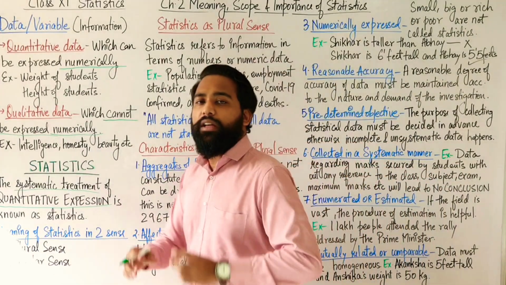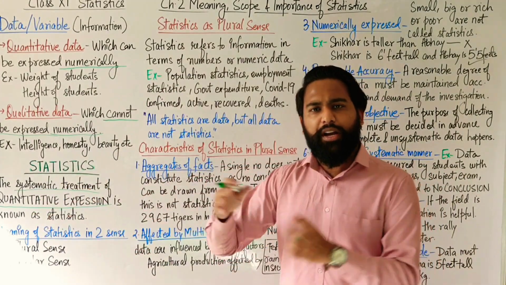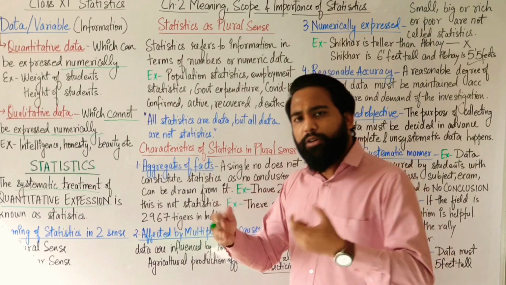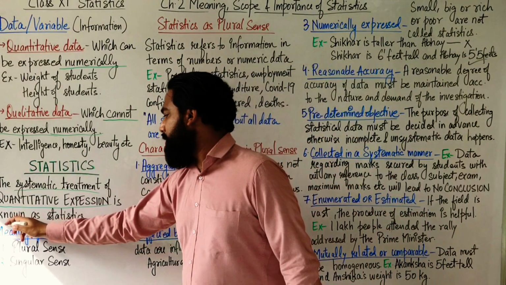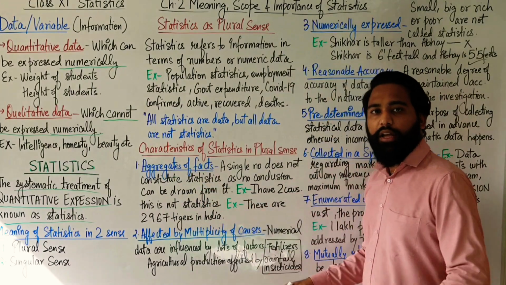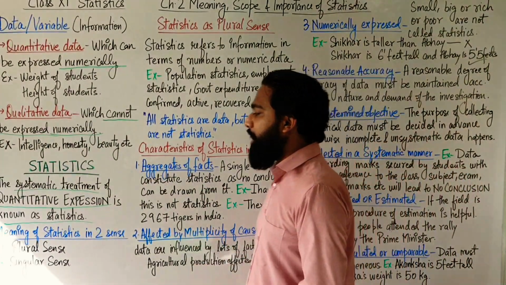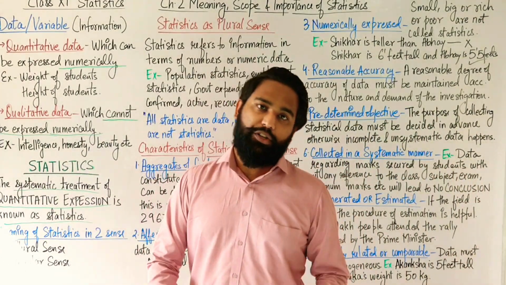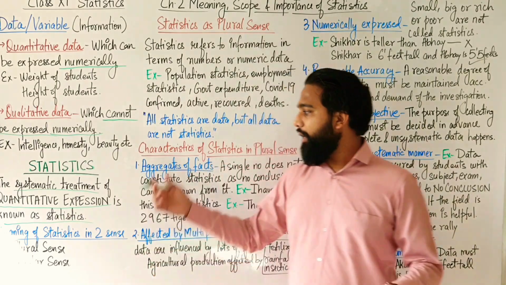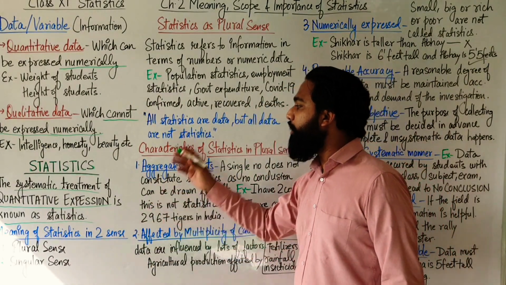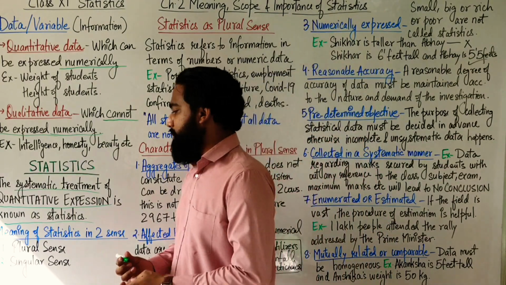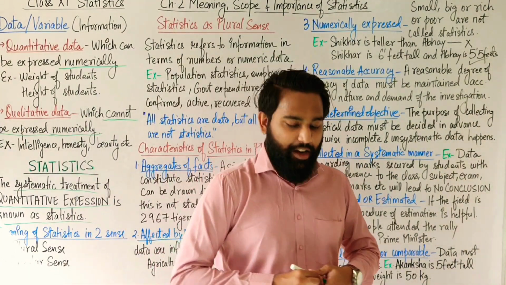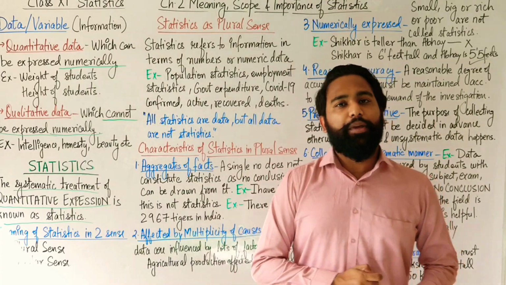If we systematically treat them, organize them, present them and do different things with that data, then that is known as statistics. It is the systematic treatment of quantitative expression. Is that clear, students?